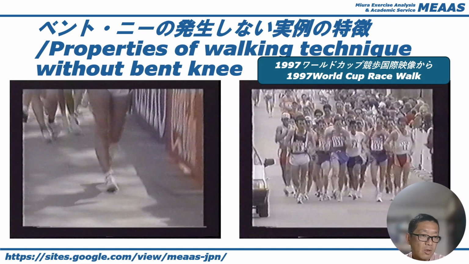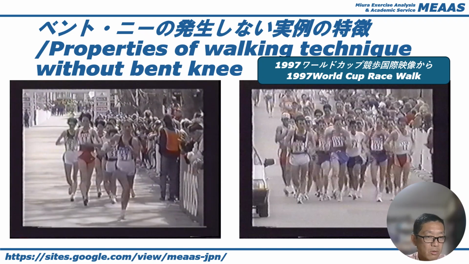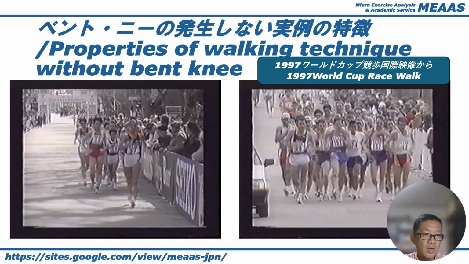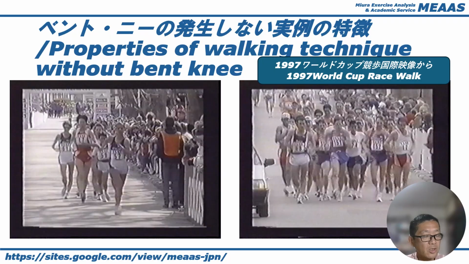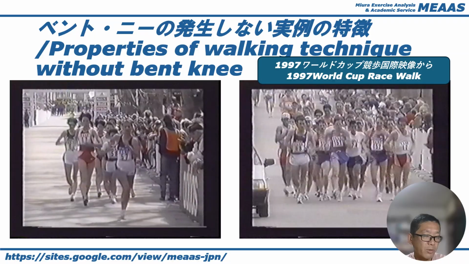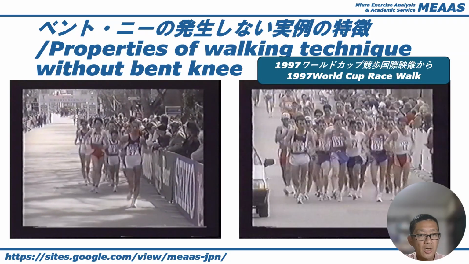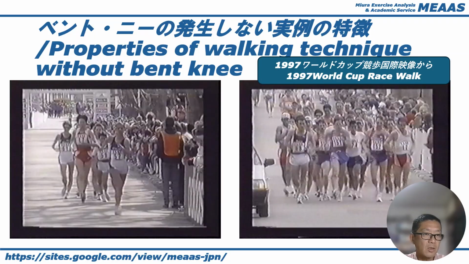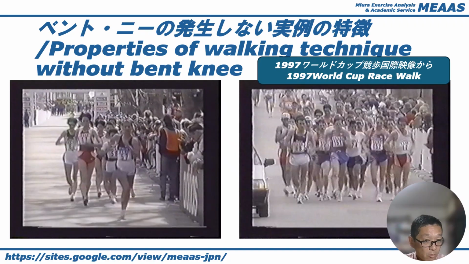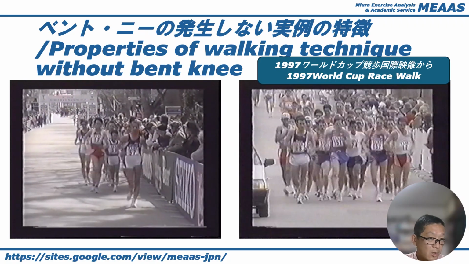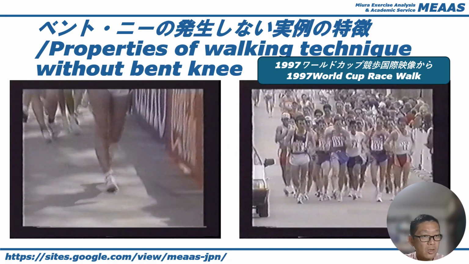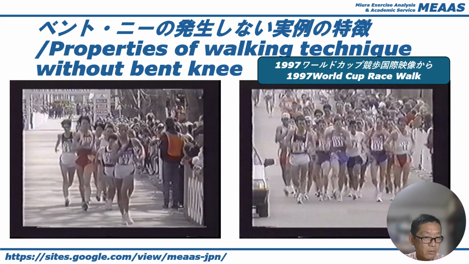The left one is the women's 10K. Until 1998, the women's event was competed in 10K, and the right one is men's 20K. Please look at the top one and the same color of bibs.